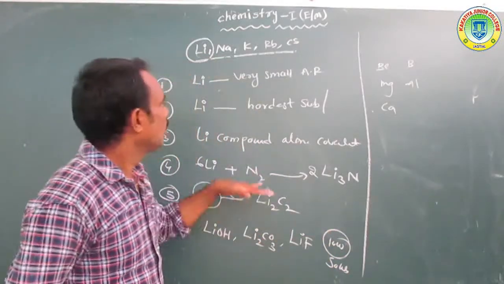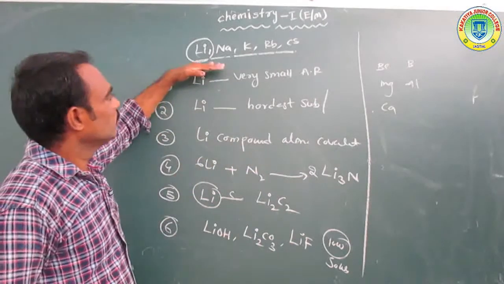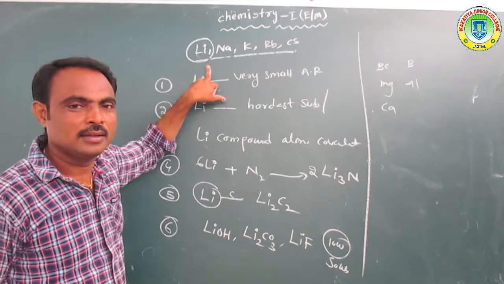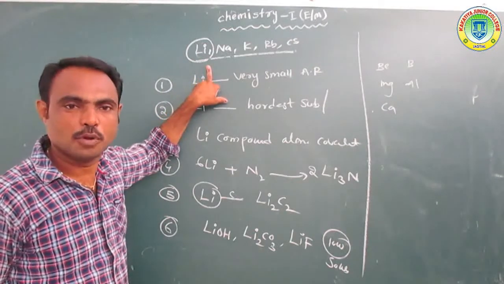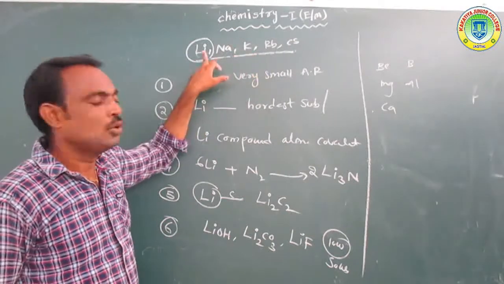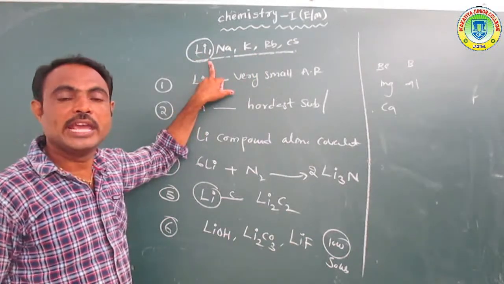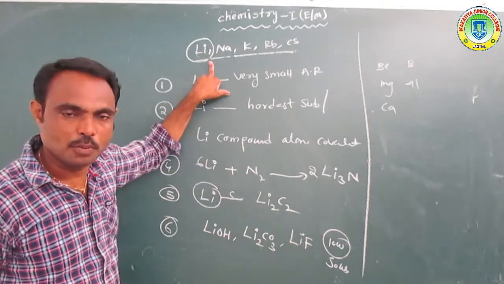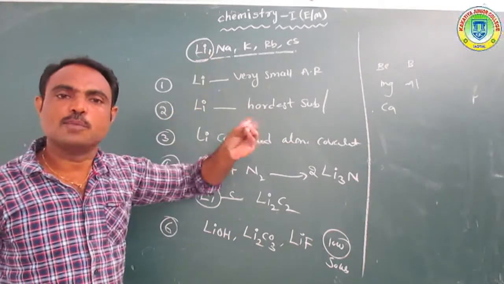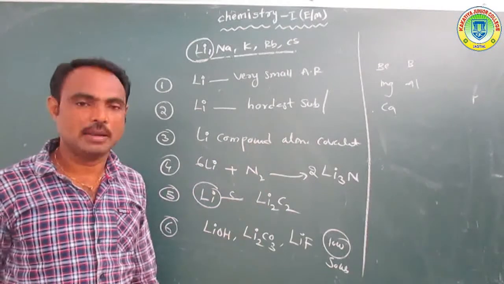Overall, lithium, the first element, has different properties compared with the other elements, so lithium shows anomalous properties. What is the meaning of anomalous property? Different properties compared with the other elements.